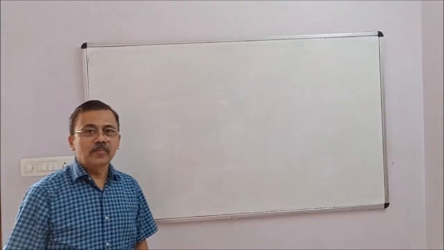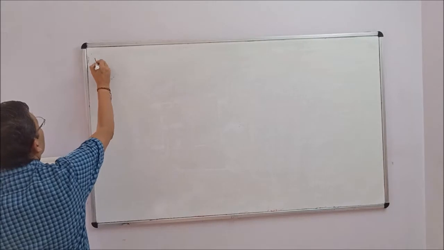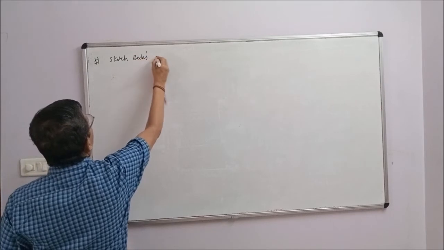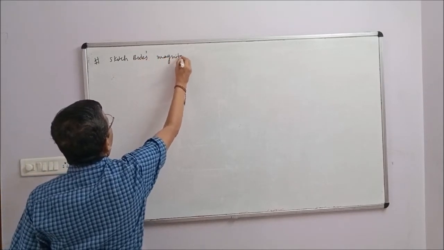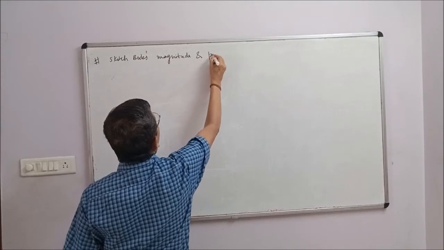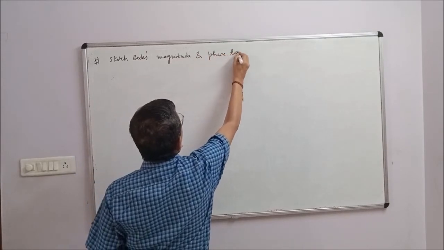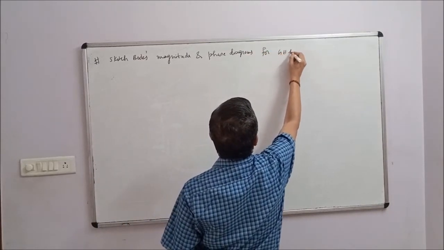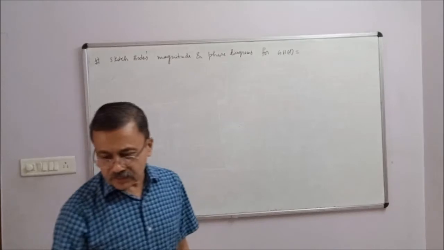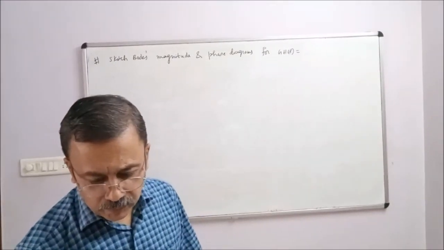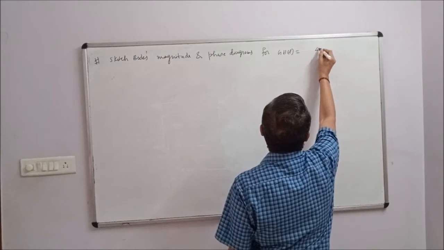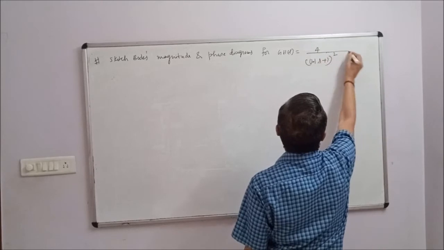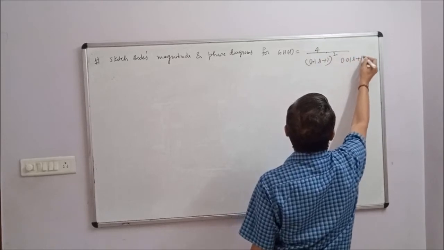We'll do the next problem. Let me write the problem statement. Sketch Bode's magnitude and phase diagrams for GH of S equal to 4 divided by (0.1 S plus 1) whole square into (0.01 S plus 1).